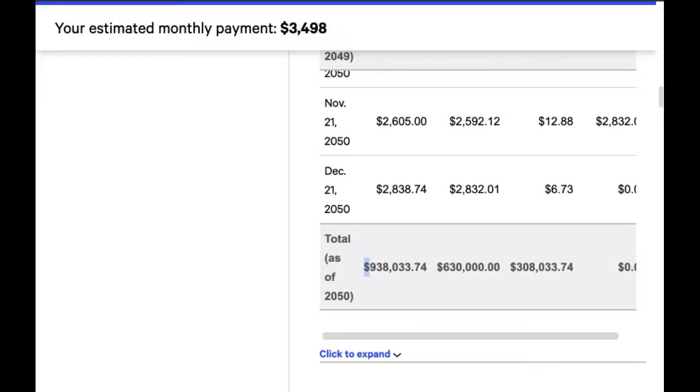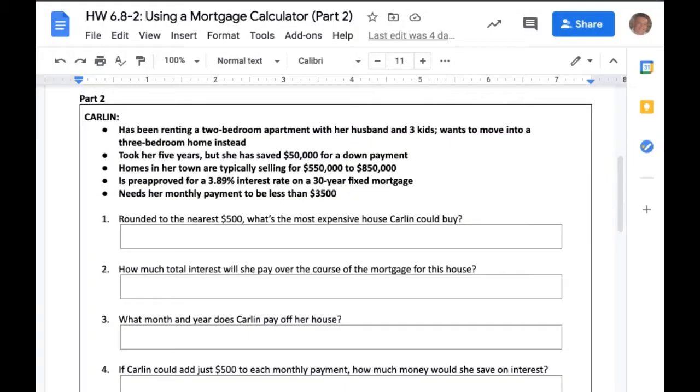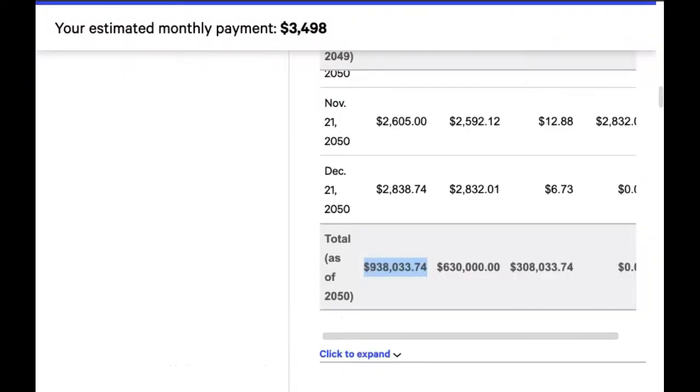So in this case, you will pay $938,033.74, plus your down payment. In that case, that's how much you'll pay in total.